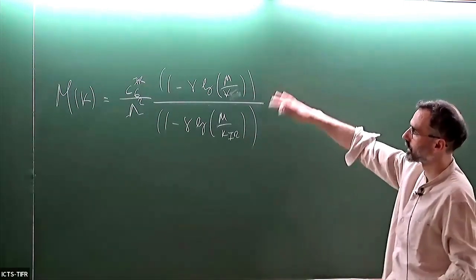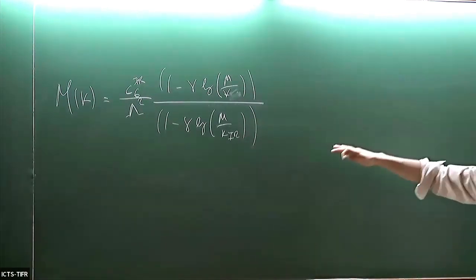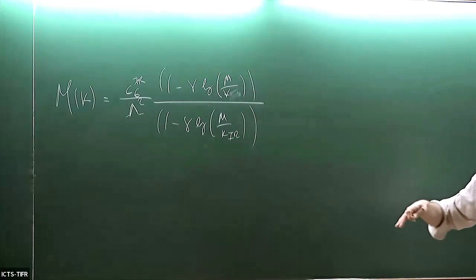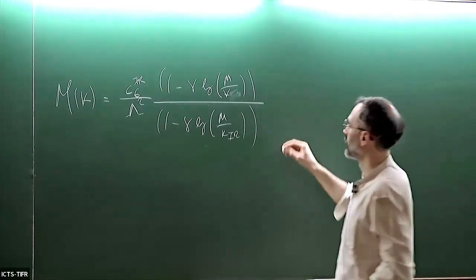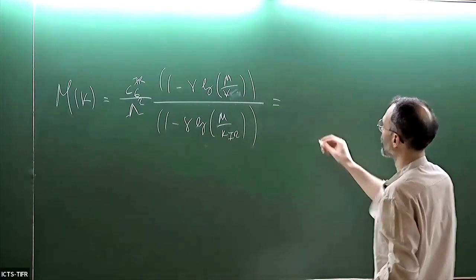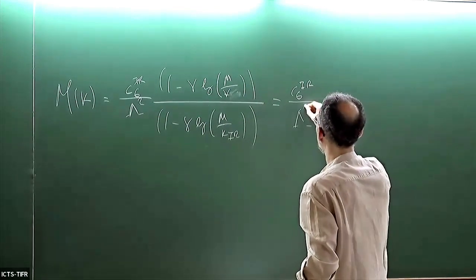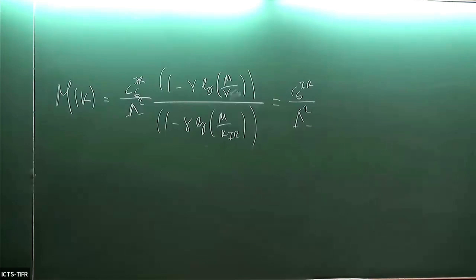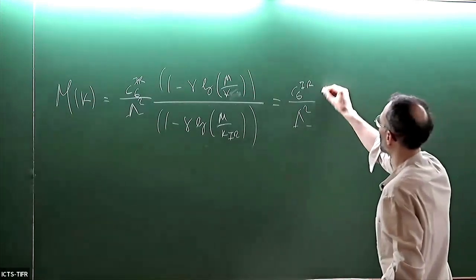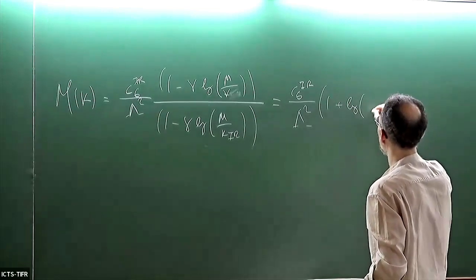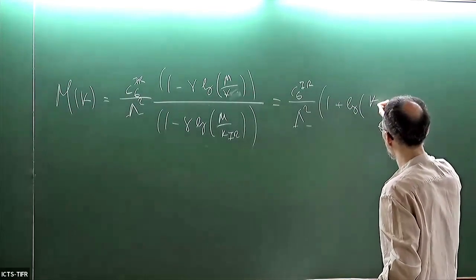Alrighty, but again, we're doing things to the one loop level. We can expand that denominator in there. And that will give us C6_IR over lambda squared. You can sort of already see that log of mu is going to cancel out to leave us 1 plus gamma log of K over K_IR.